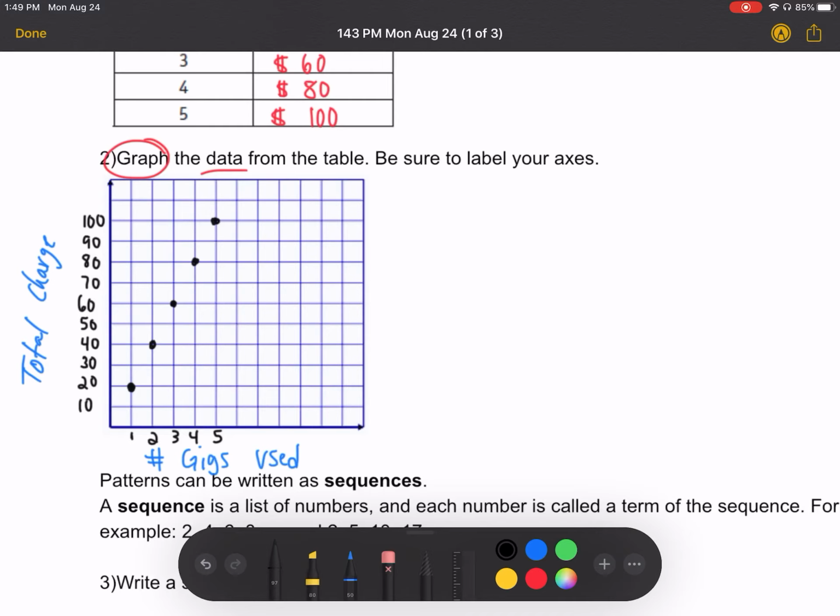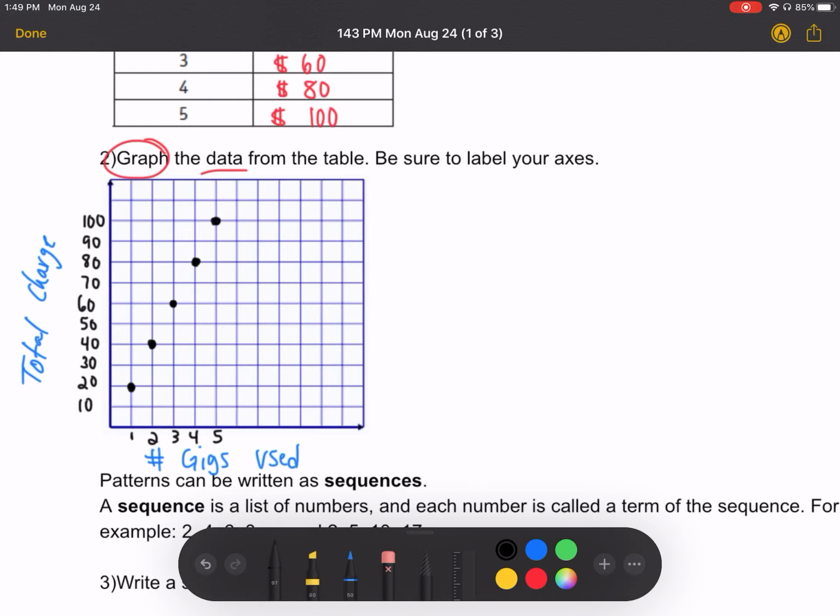Then the question we need to ask ourselves is, should we put a line through our dots? You need to ask yourself this because your natural tendency is to just automatically put a line through your dots, but that's not always the case. Sometimes you won't.